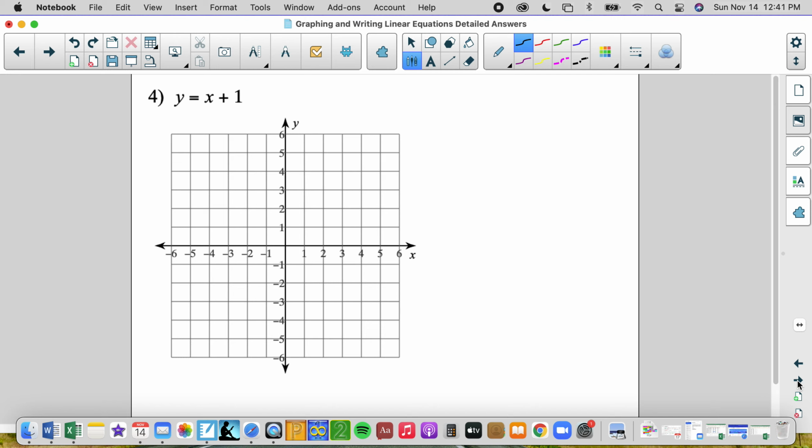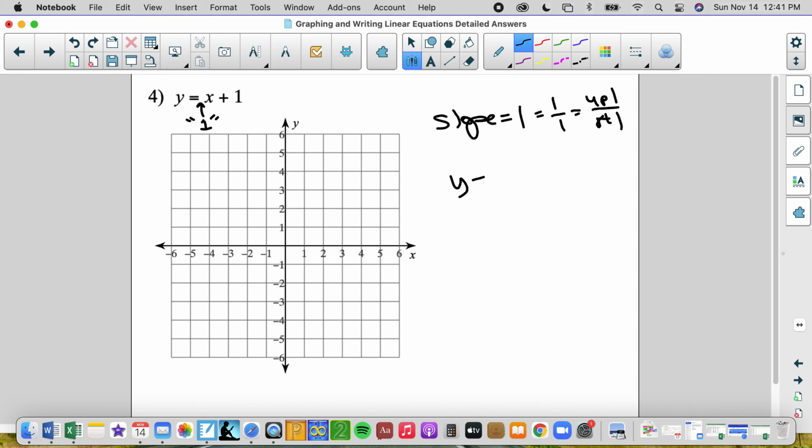Problem number 4, we have a slope of 1. Remember, when we don't see a number in front of the variable, we know that there's an invisible 1 in front of it. So my slope is 1 over 1, which is up 1, right 1.